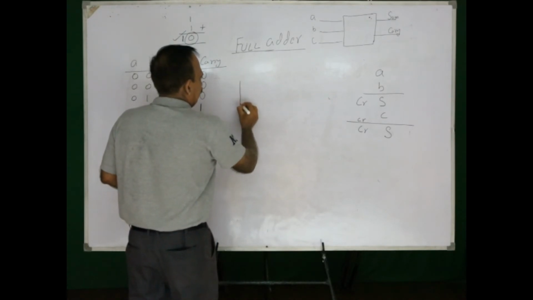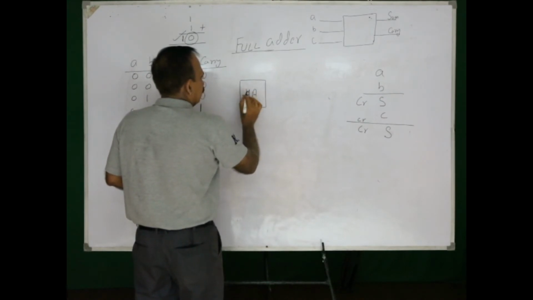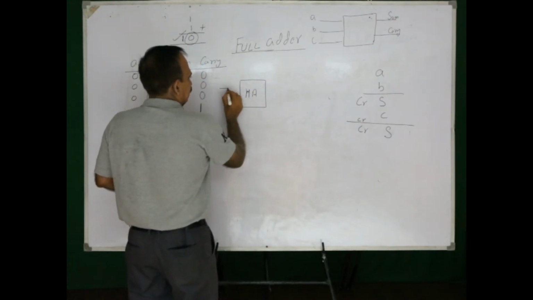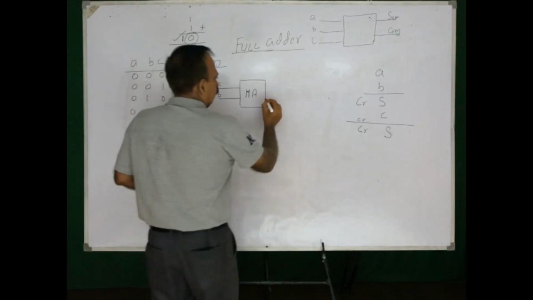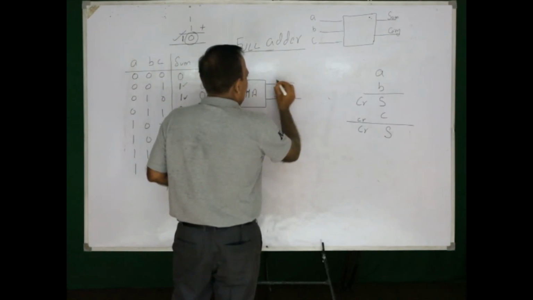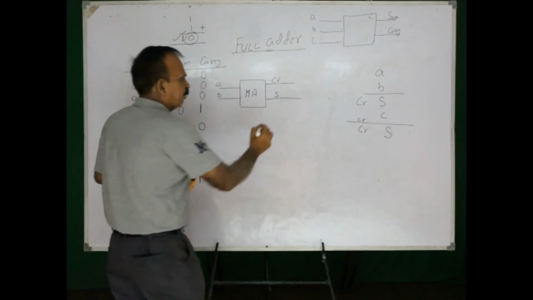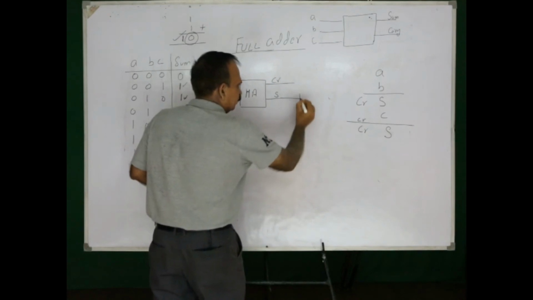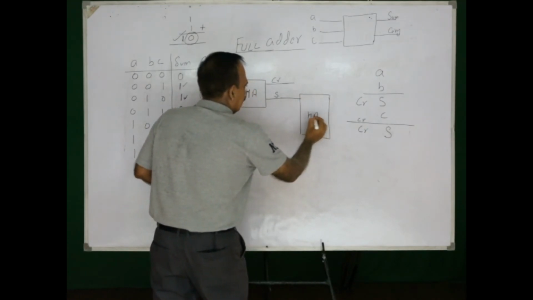Now, I will try to design this circuit. Say this is a half adder. The inputs are A and B. The outputs are sum and carry, and this sum value I will be adding again, by using a half adder.